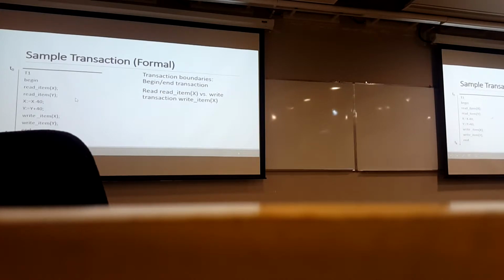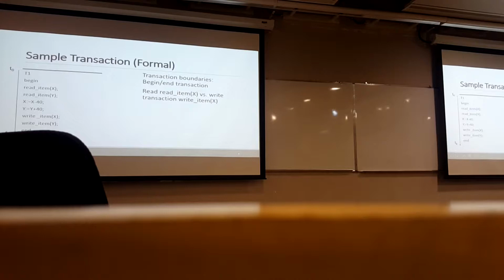They are either executed completely and successfully, or not executed at all. So this begin and this end mark the transaction boundary. If we read X versus write X, see that?